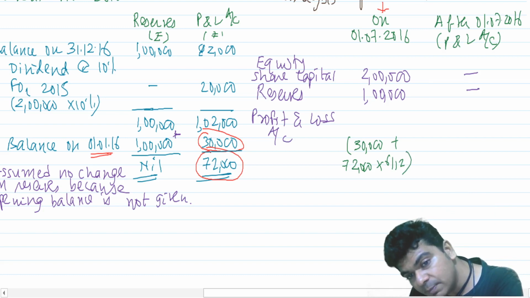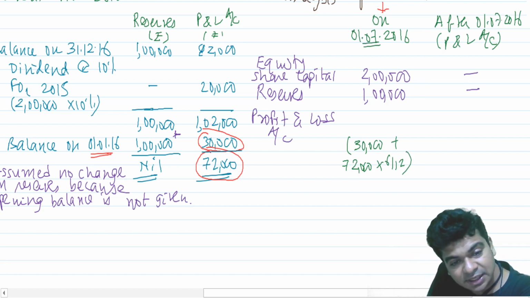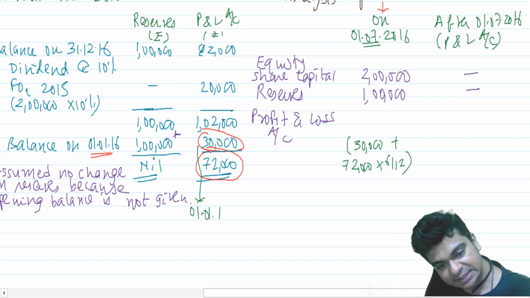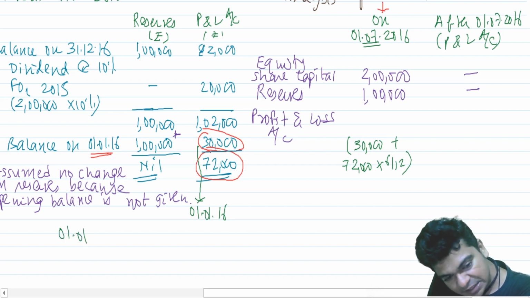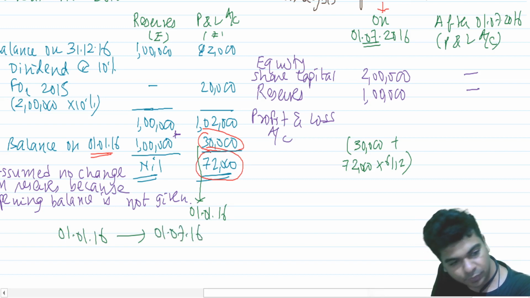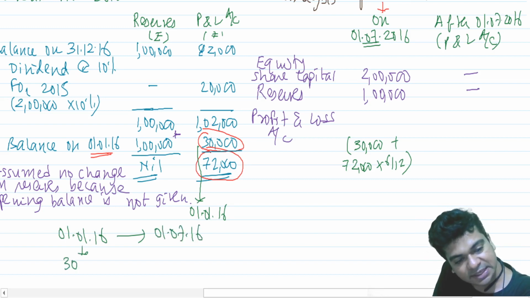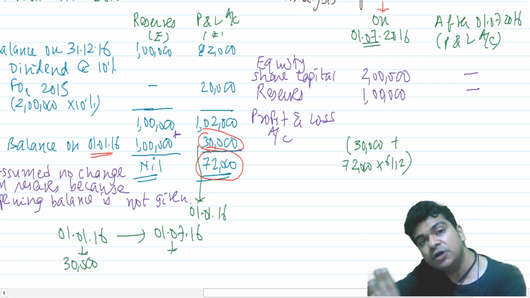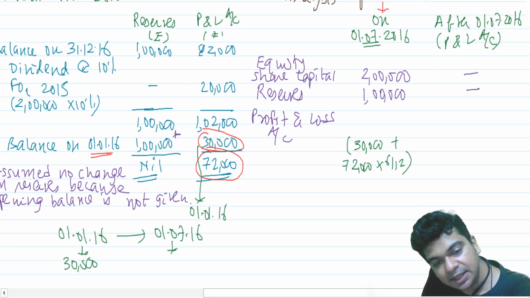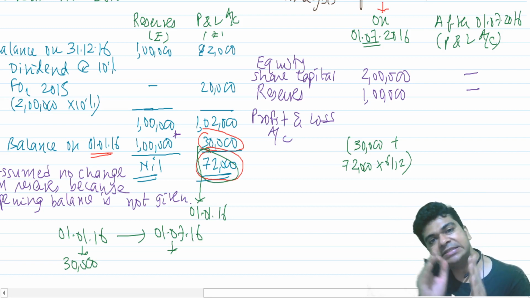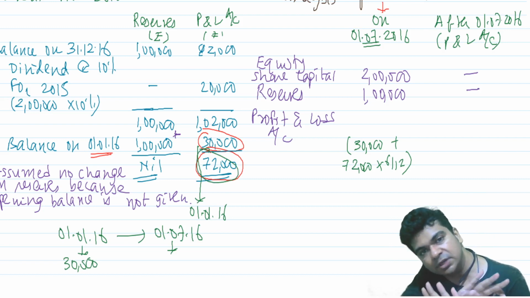See, I want balance on 1st July, but this 30,000 is not balance on 1st July. This balance is on 1st January 16. So from 1st January 16, I have to reach 1st July 16. The question is how much profit I must have earned up to 1st July. In the entire year, you have earned 72,000. So, in the first 6 months, we are assuming that the profit was earned uniformly.